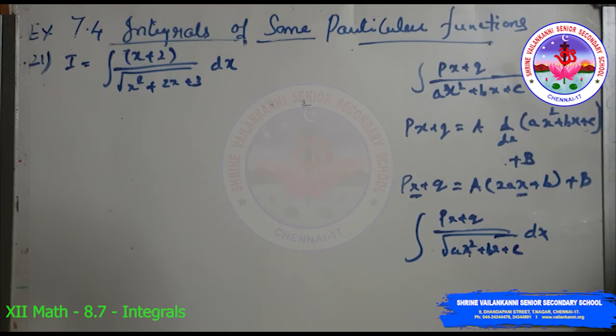A and B are thus obtained, and hence the integral is reduced to one of the known forms.